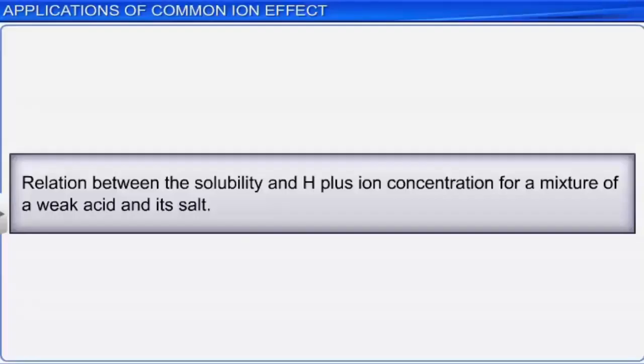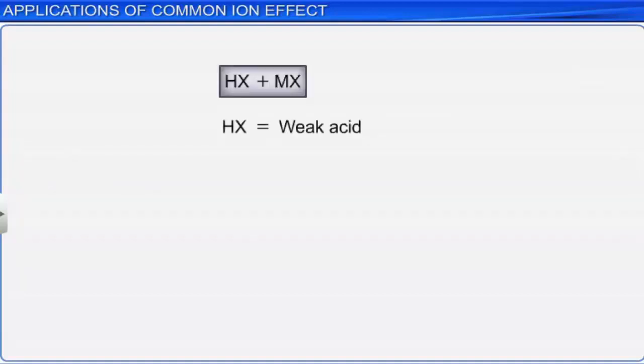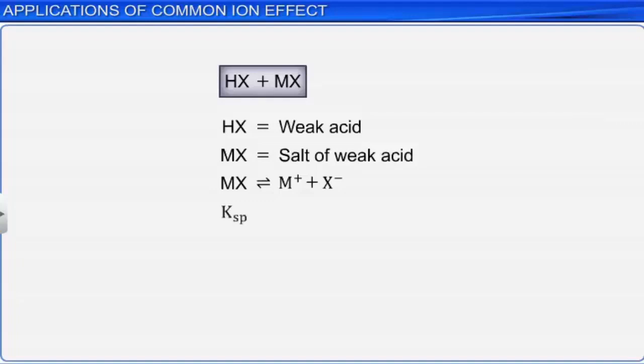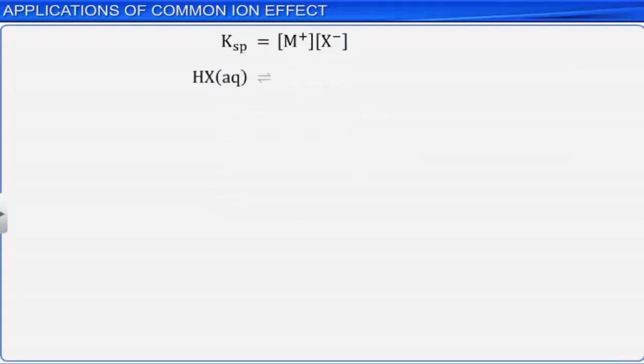Now, let's derive a relation between the solubility and H⁺ ion concentration for a mixture of a weak acid and its salt. Let's take a mixture of weak acid HX and its salt MX. MX ionizes to give M⁺ ions and X⁻ ions. Then Ksp is equal to the product of molar concentration of M⁺ ions and X⁻ ions. HX ionizes to give H⁺ ions and X⁻ ions.